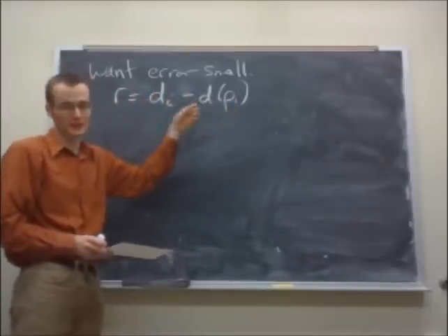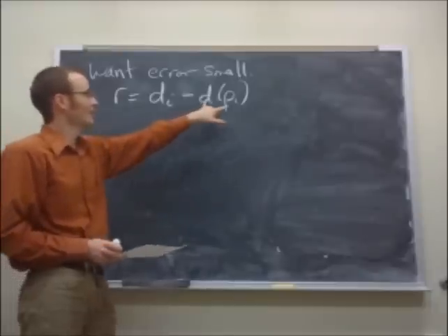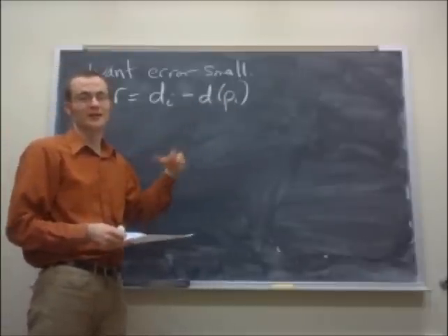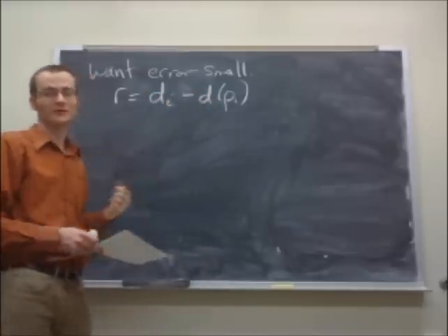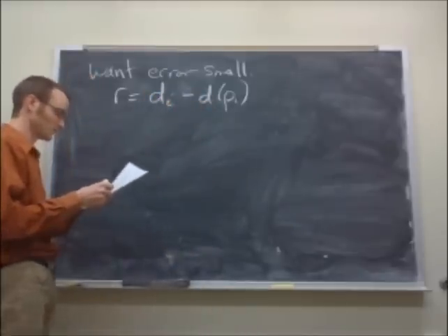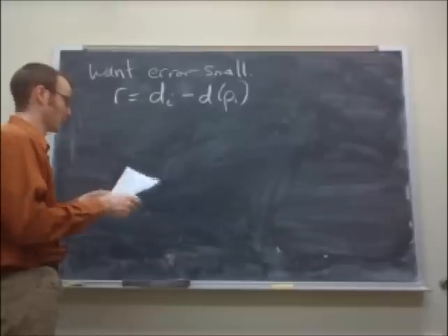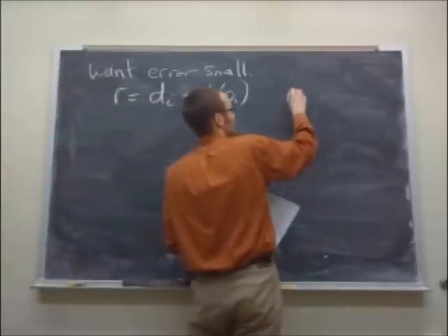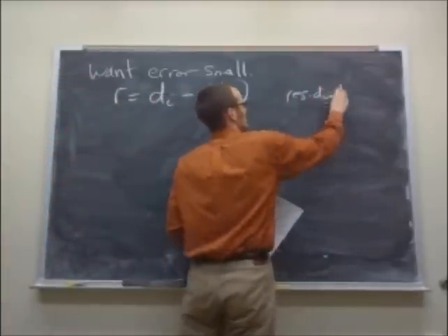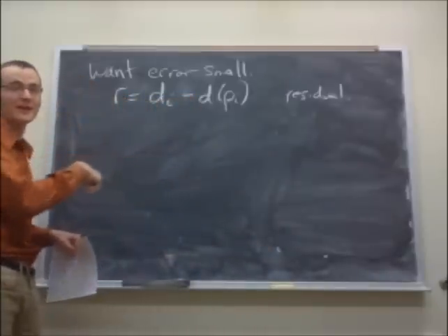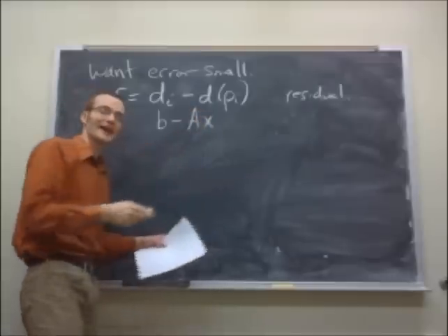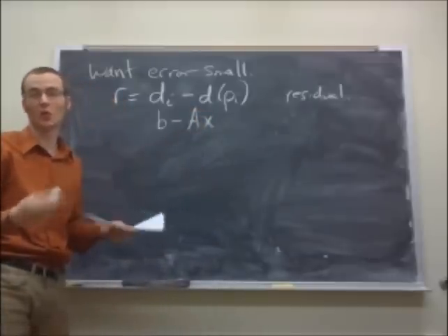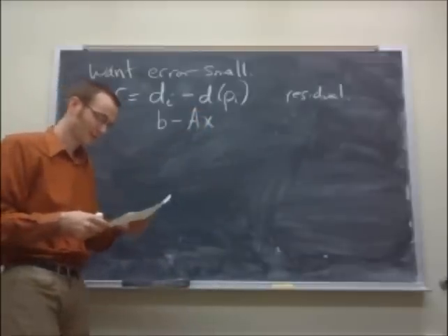Say that p_i is the pressure, d_i is the density, and d of p_i is our model, say a linear function, right? We want this to be as small as possible. As you may recognize, this is the residual. If you think of it in terms of the matrices we just talked about, this really is b minus A x, as in the normal matrices we've been working with.